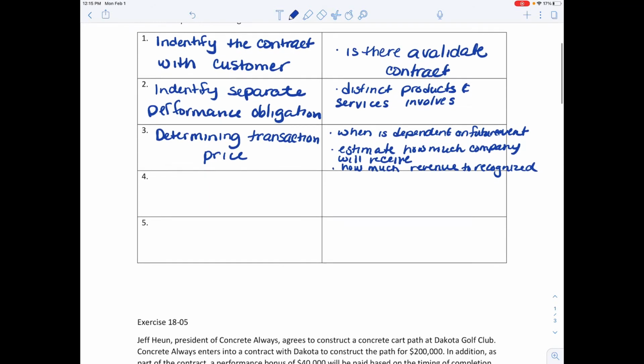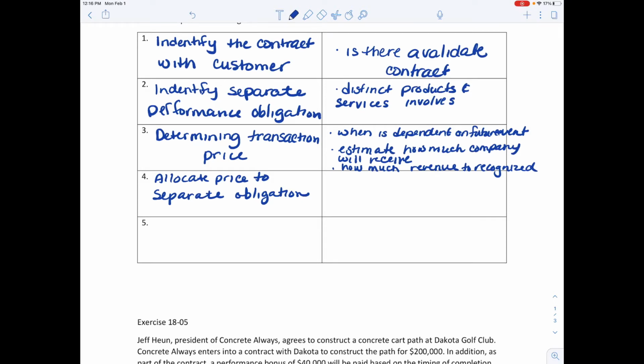The fourth step is allocating a transaction price to separate obligations. So typically, if you order something, you're going to see the price of the product, the price of the install. Maybe they're selling you anything on top of that, maybe some maintenance.